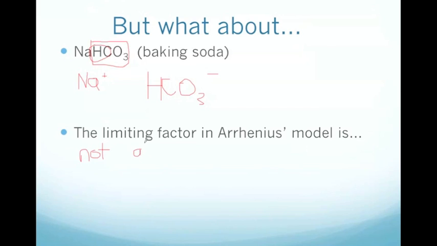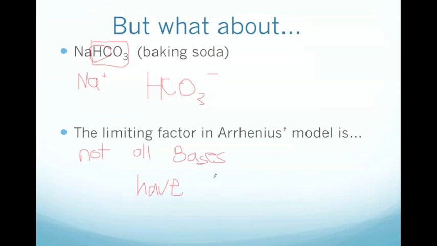So I'm going to write that in for you guys. I want you to follow along, make sure you're writing with me. Not all bases have OH minus, and that's a huge limit in Arrhenius' model.